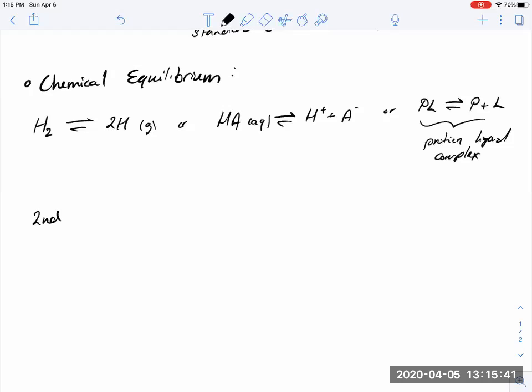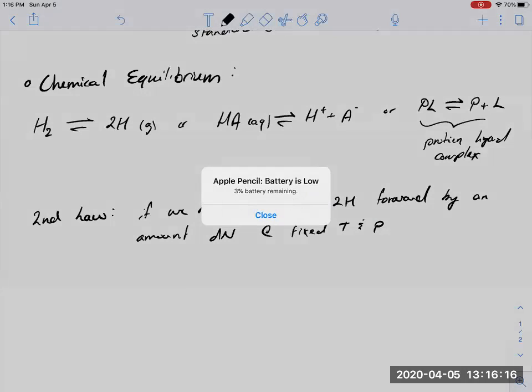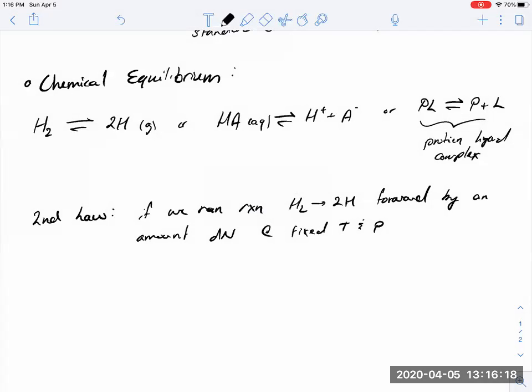From the second law, we know if we were to run a reaction forward, say H2 goes to 2 H's, by some amount dN at fixed temperature and pressure, that we can compute the corresponding change in the free energy.